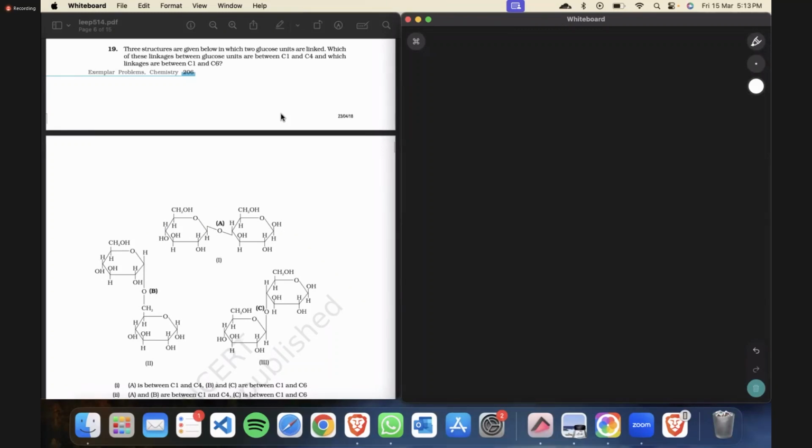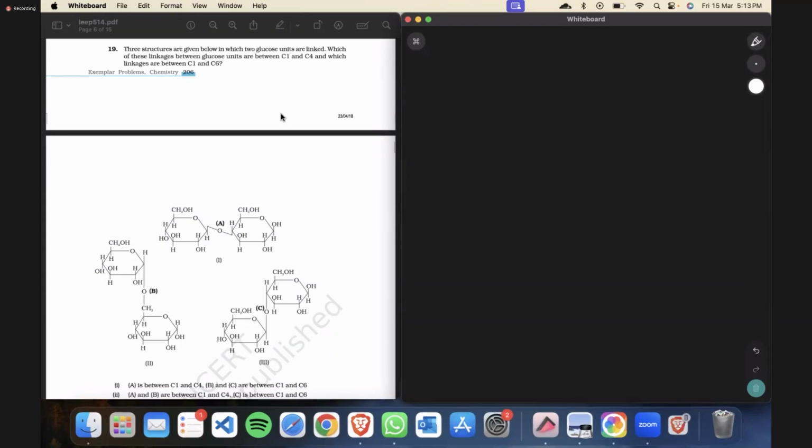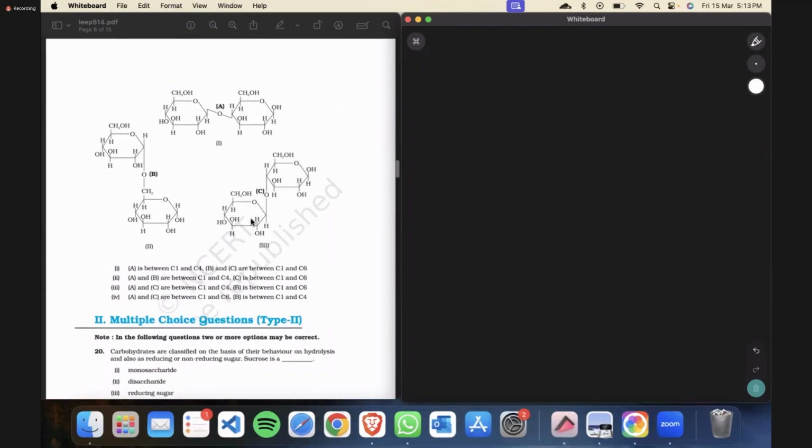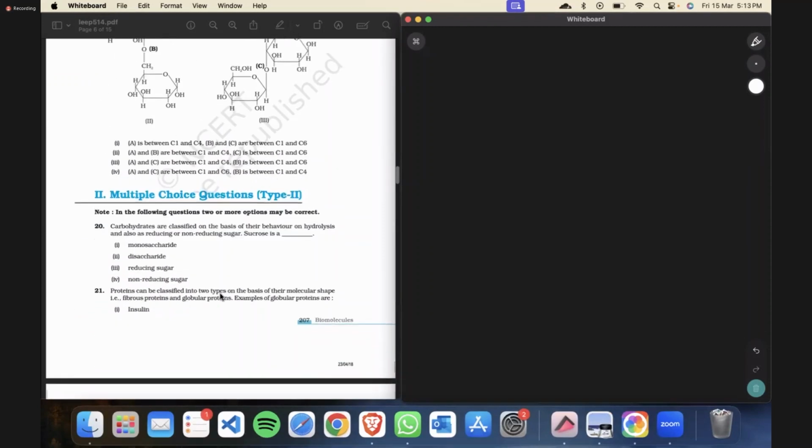A and C are between C1 and C4, B is between C1 and C6. Yes, option C is correct. By seeing the diagram, I can say that option C is correct. It's a simple question. You just need to note what point they are asking and what point has been given to you on the diagram.